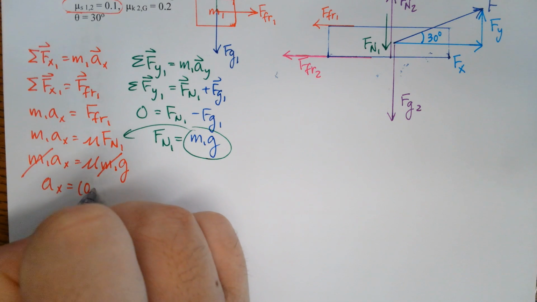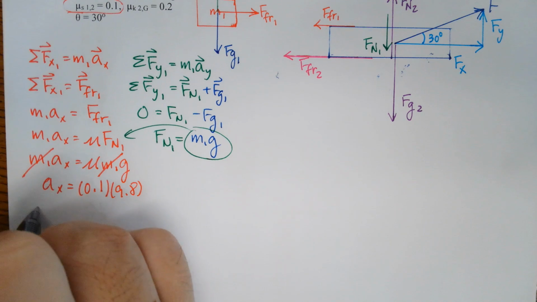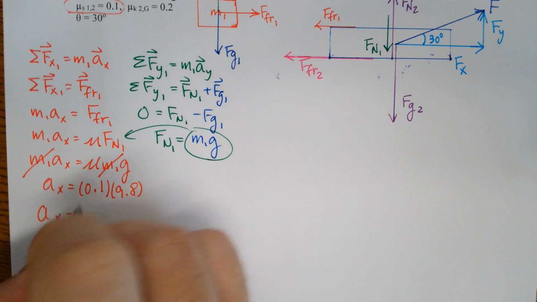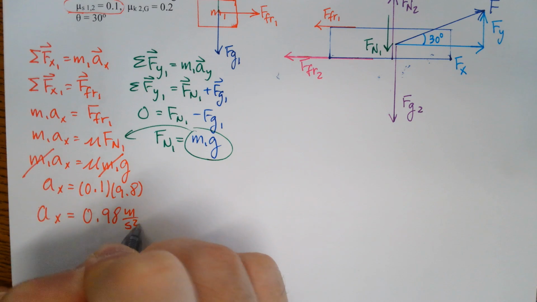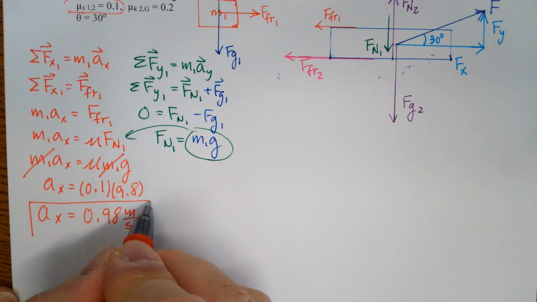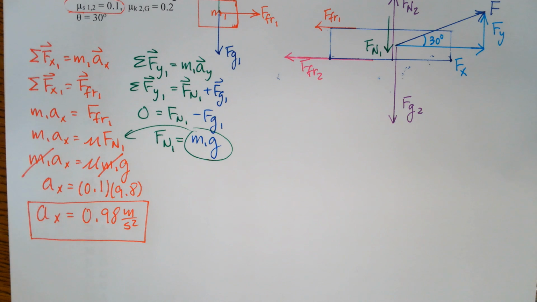So 0.1 times 9.8, and I got my a sub x is equal to 0.98 meters per second squared. So a sub x was pretty easy.